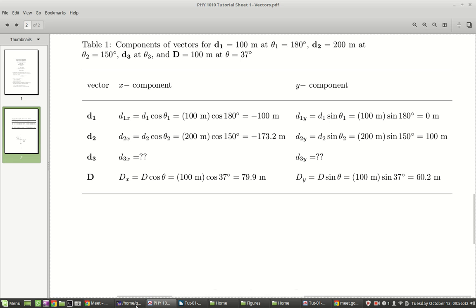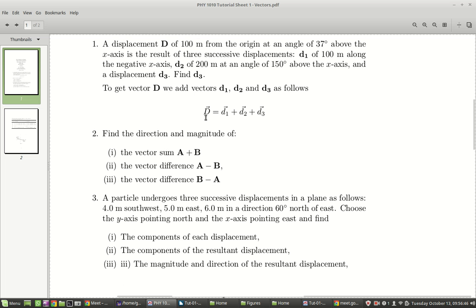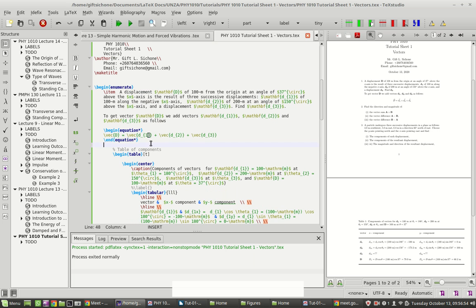So basically, the equation d is equal to d1 plus d2 plus d3, we can rewrite in terms of components.